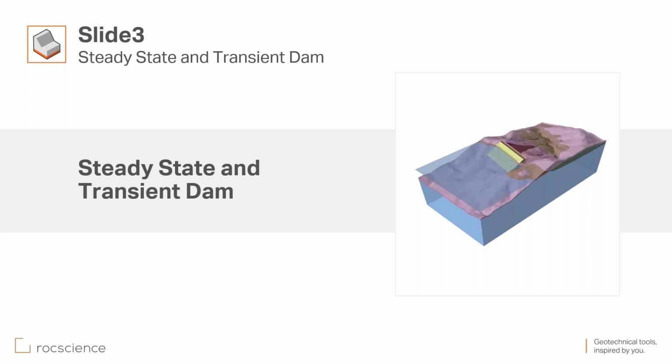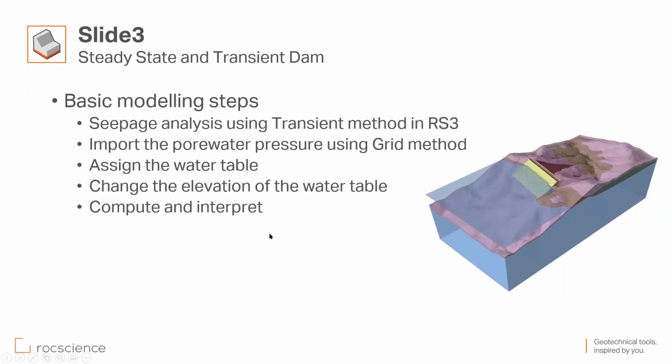In the RS3 webinar, we did a steady state seepage analysis for this dam. This is the water table behind the dam, and we did a steady state seepage analysis. But for this case, today I'm going to do the transient seepage analysis to change the water table level in time, in like 6 days.